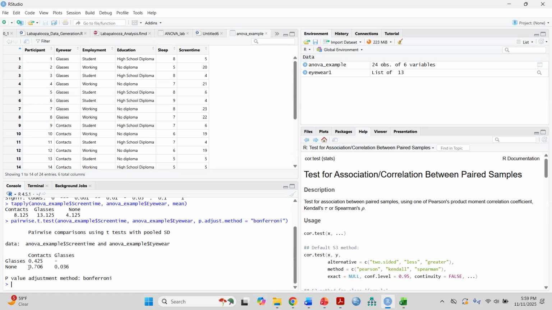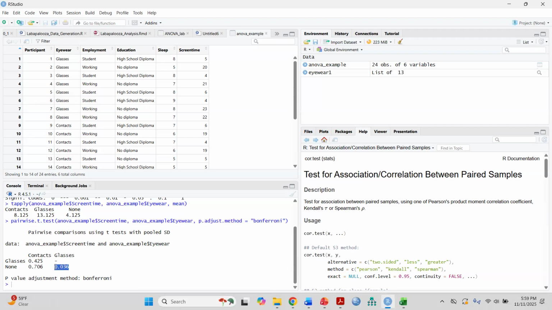All right. How about people who don't wear either contacts or glasses versus contacts? So that's this 4.125 and 8.125 for the group means of neither and contacts. That's also not significant. 0.706 is higher than 0.05. Okay, so the only remaining test was people who don't wear any kind of eyewear versus people who wear glasses.